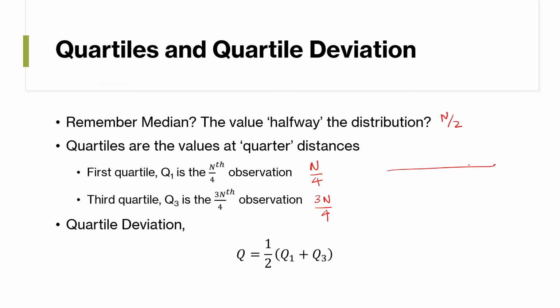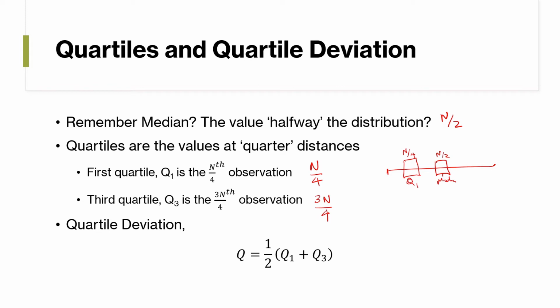It's almost like you have a distribution. The value towards the center is your median, and the value at quarter distance, from the beginning to the center, is your first quartile Q1.